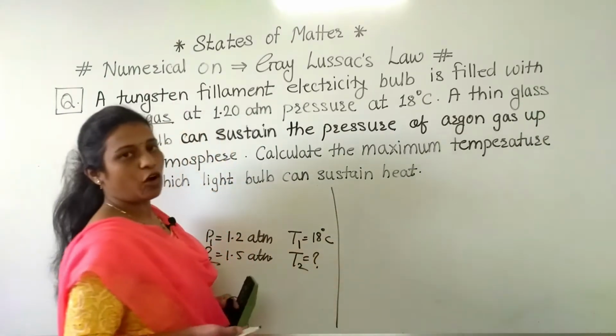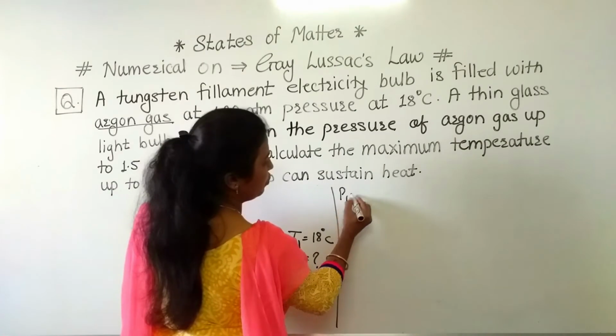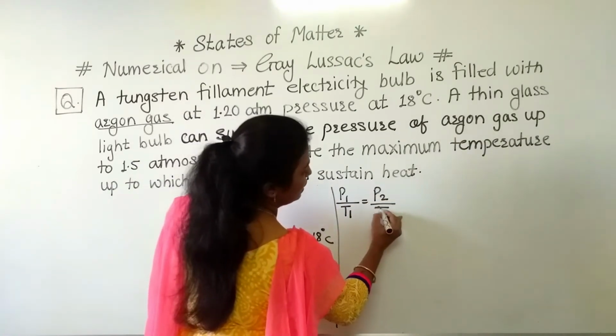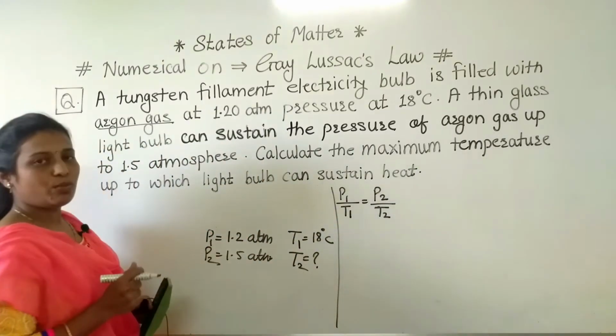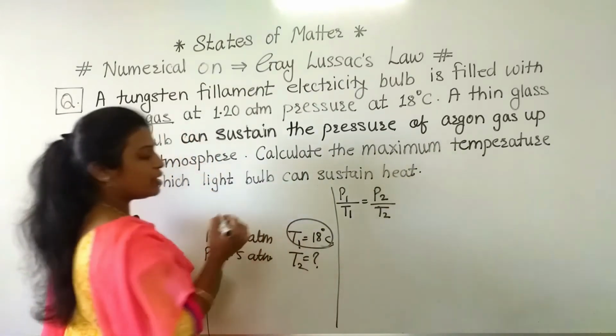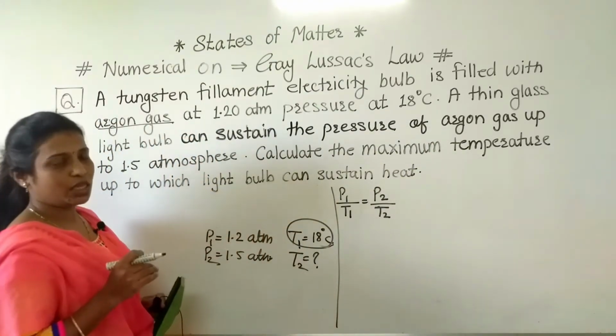Now as we know the formula, what is that formula? P1 divided by T1 is equal to P2 by T2. Before going to the calculation part, firstly we should convert the temperature from degrees Celsius into Kelvin.